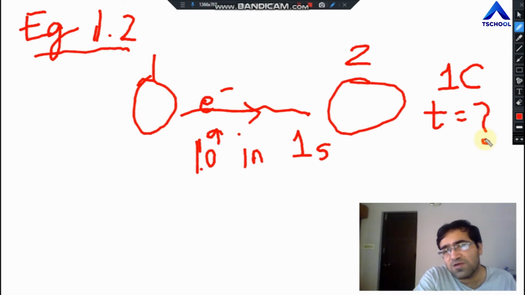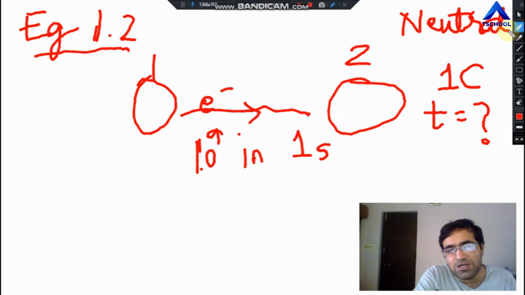You should not forget that here we are assuming that at the start body 2 was neutral, that is, it had no charge, and now gradually, as more and more electrons enter body 2, it will become negative. So when will the charge become minus 1 Coulomb? Again, the minus sign is only indicating the polarity.